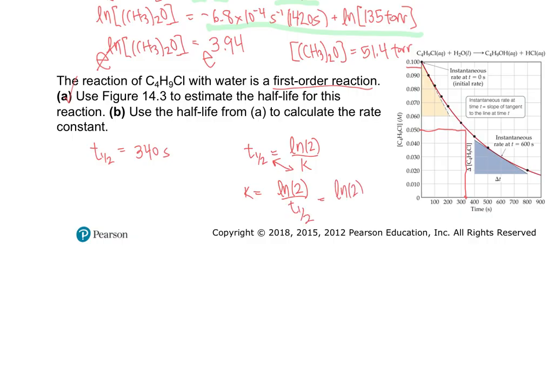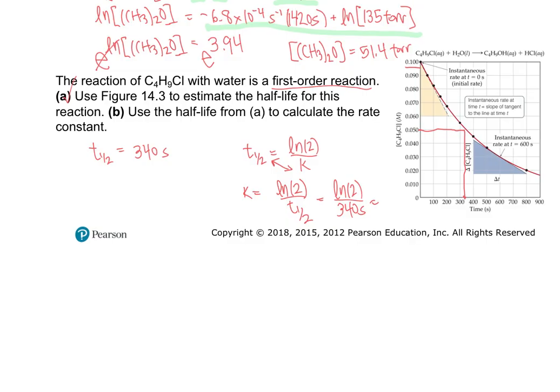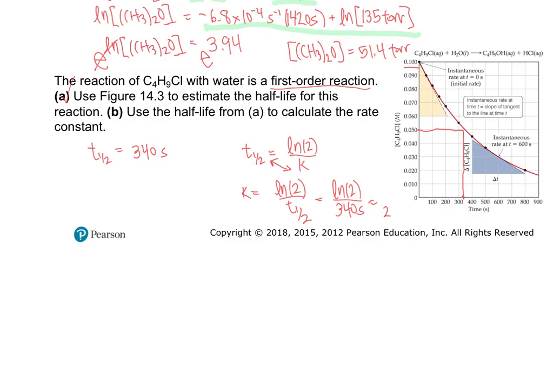So plug those numbers in and put it in a calculator. So natural log of 2 divided by 340, and that gives us 2.04 times 10 to the negative third inverse seconds.